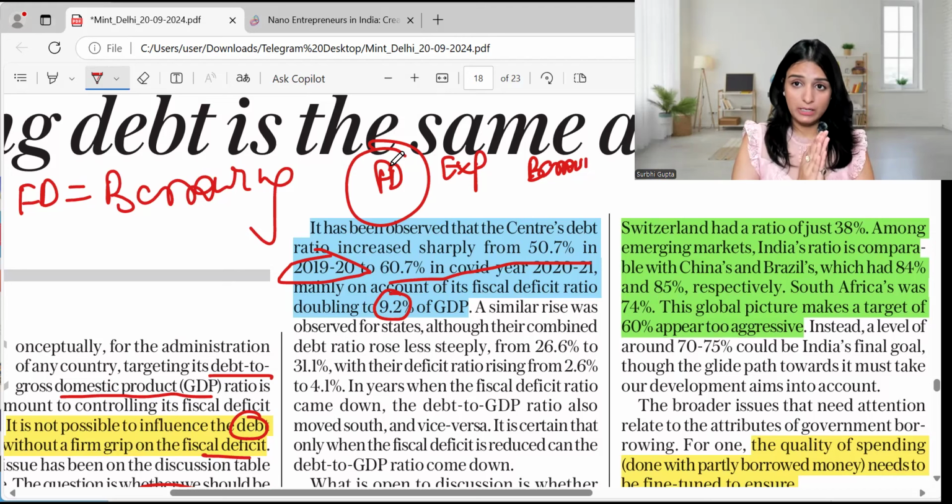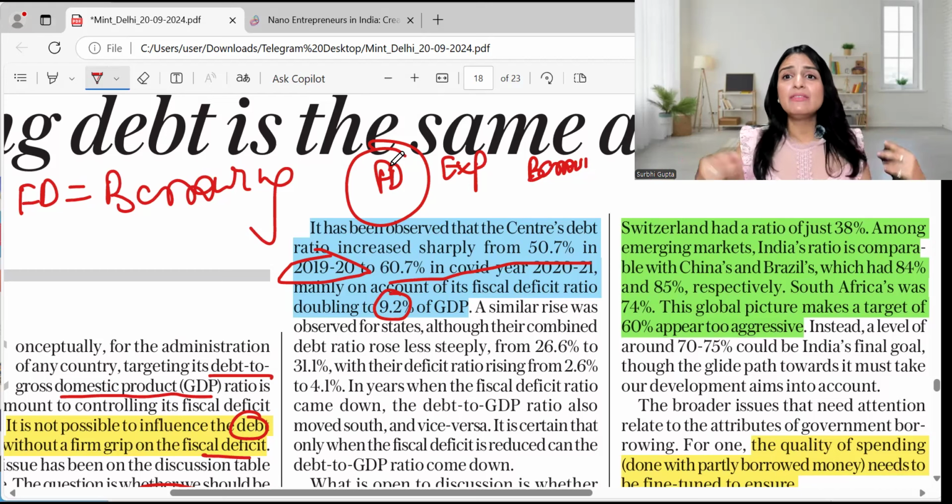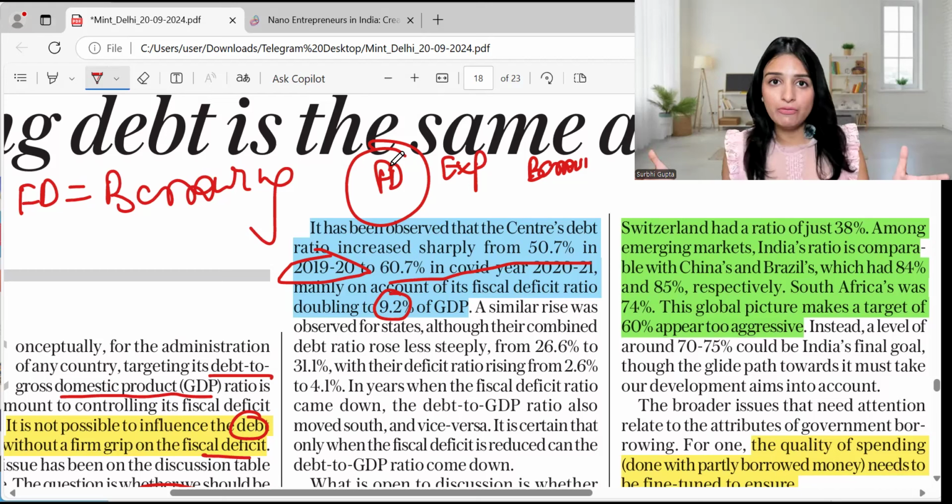I've used all the receipts to finance the excess of my expenditure, but still my expenditure is in excess. So I have no other means but to borrow, because I've used all my receipts, taxes, disinvestment, every component, to finance excess expenditure. I'm still not able to do it. That means I will have to borrow, and when I borrow, that will add to the debt of the country.